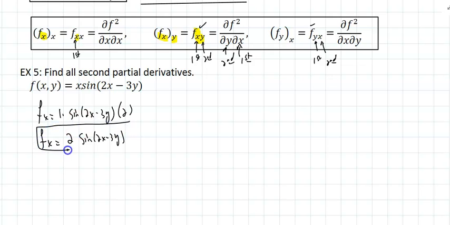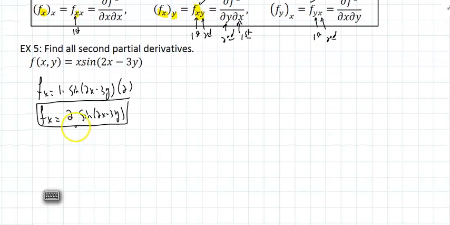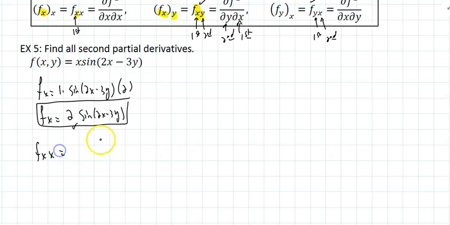I need the first derivative to get to the second. Actually, let me finish all of the f sub x's. So here now I have 2 of those to do. I need to take the derivative of this with respect to x. That should have been the product rule, no?